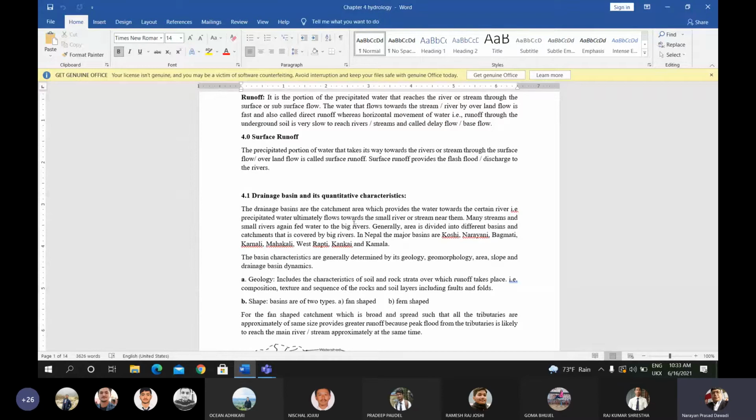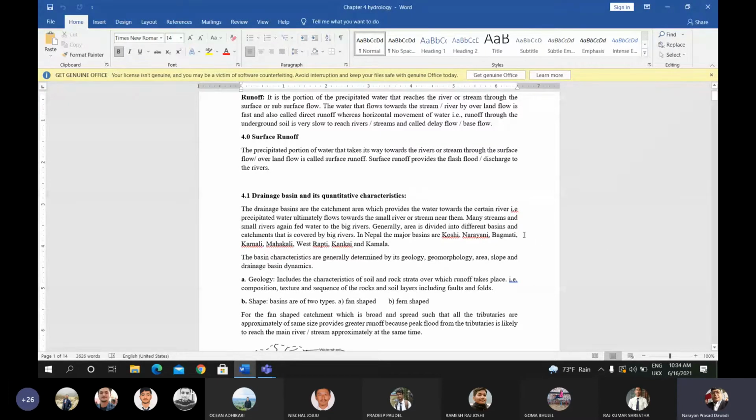From Kaski district towards the Chitwan district, all the tributaries of the Gandaki river are considered as the Narayani basin: Seti river, Budhi Gandaki, Kali Gandaki, Trishuli, Marsyangdi. These are all tributaries of the Narayani basin.